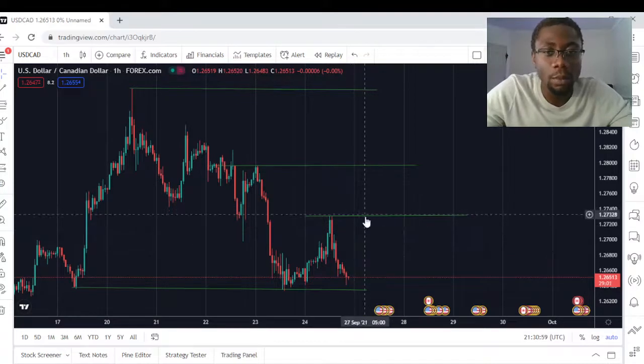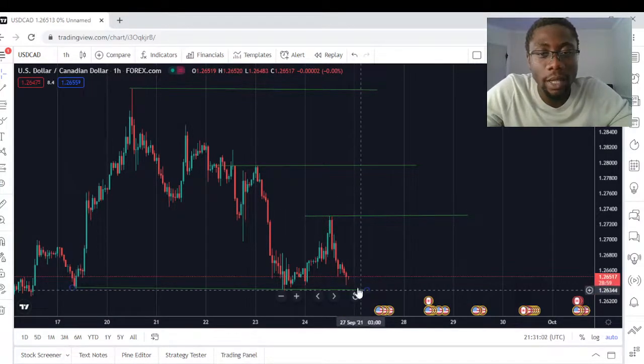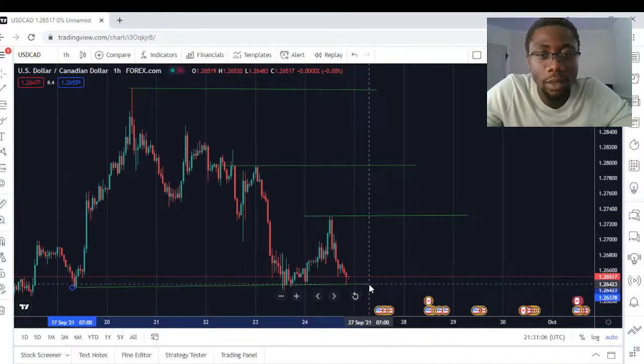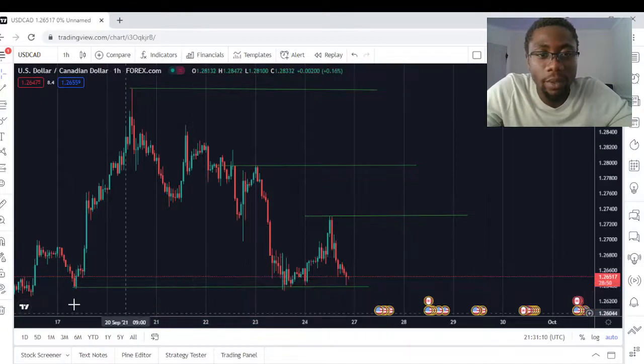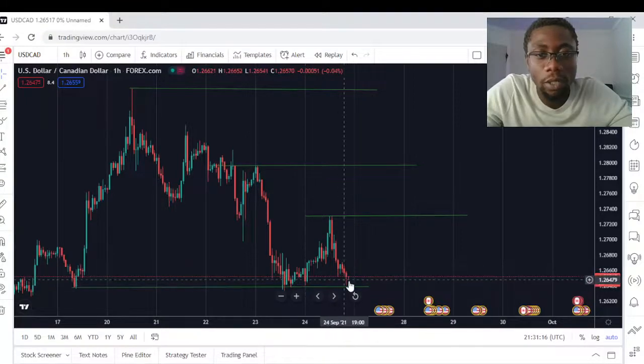So price ended up swinging up to this level and has again reacted off of this lower support zone. So now we have 1 touch, 2 touches, 3 touches, about 4 touches off of this level.